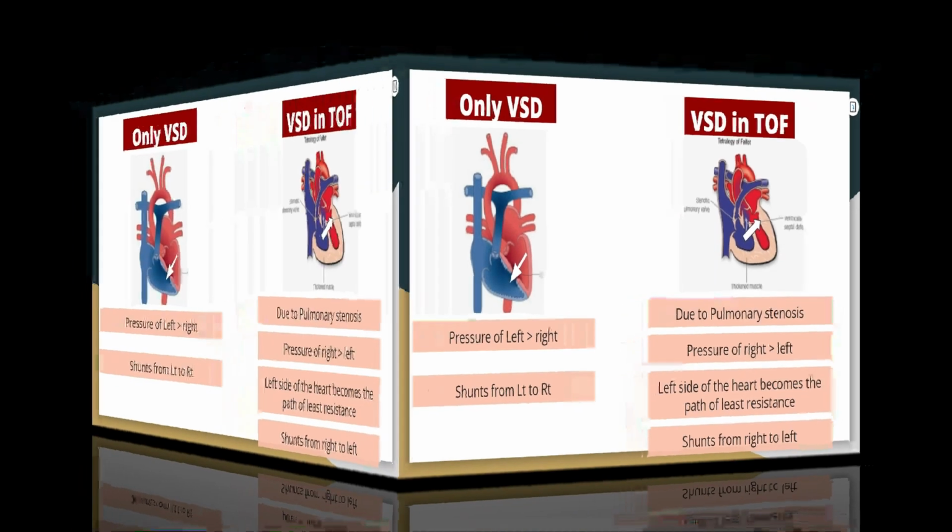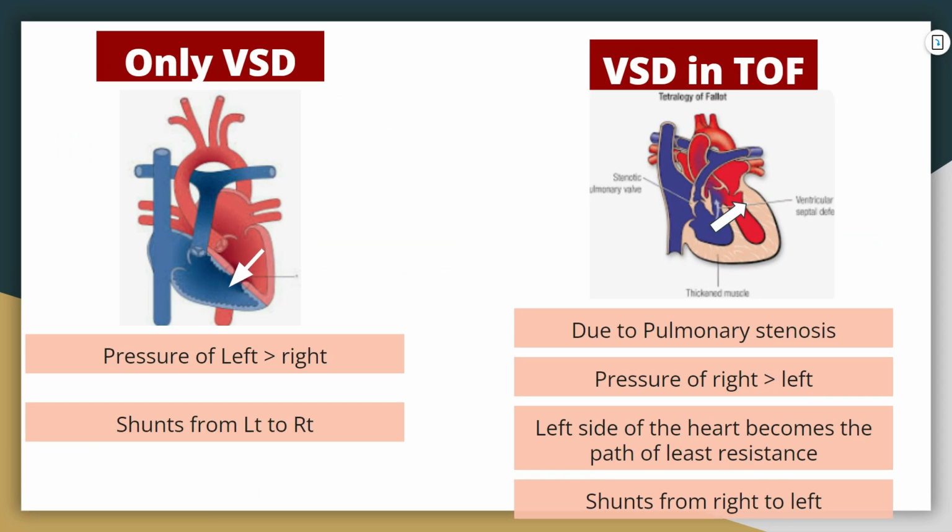But in patients with tetralogy of Fallot, the right ventricular outflow tract obstruction might block the normal blood flow so much that pressure in the right ventricle has to be really high to get past it. With the right-sided pressure high, the left side of the heart actually becomes the path of least resistance, and deoxygenated blood shunts from the right side to the left.